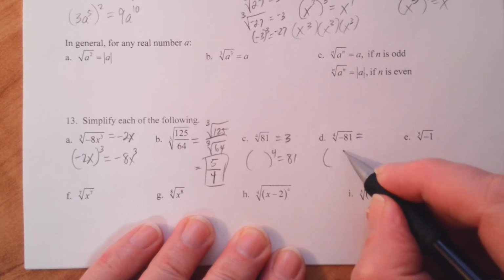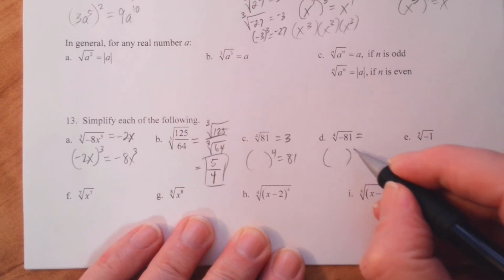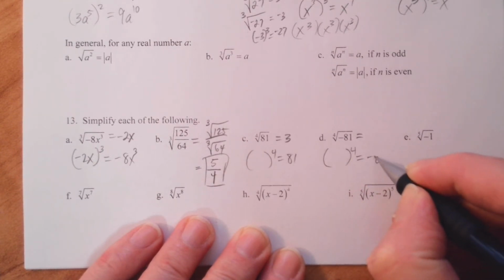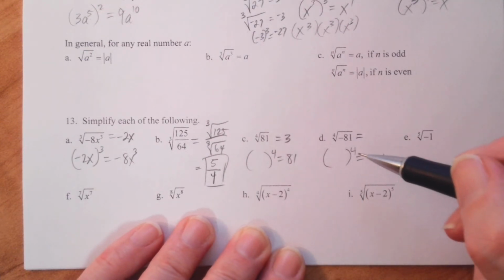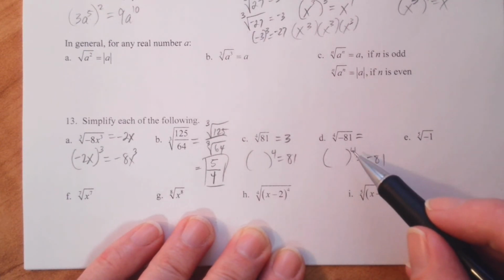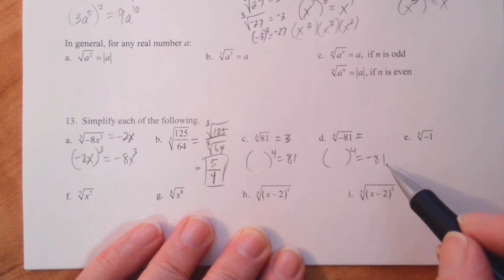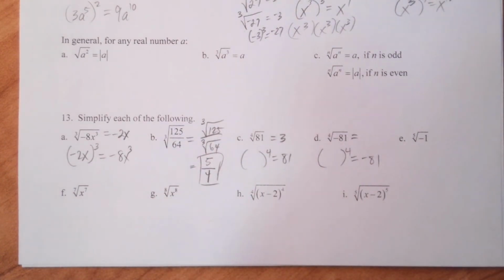So what if you're looking for something to the fourth power that gives you negative 81? Well, we've talked about this when we had it squared. When we square, we can never get a negative. Squaring a negative 3, you'd have negative 3 times negative 3. That'd be positive.